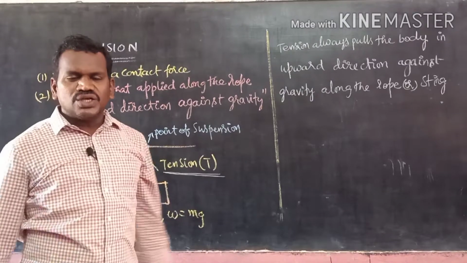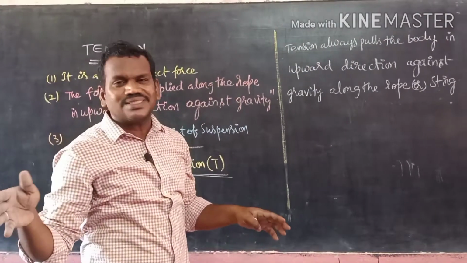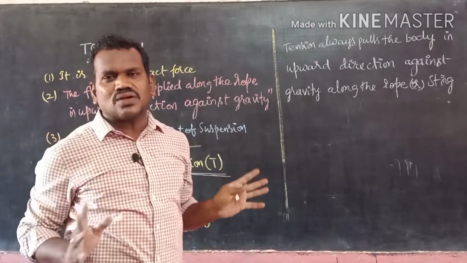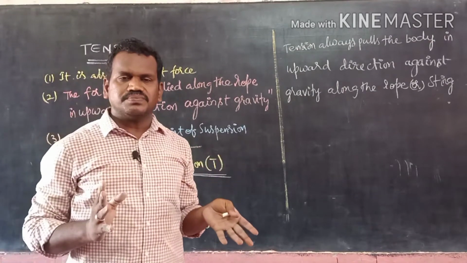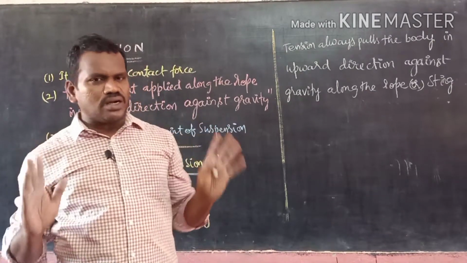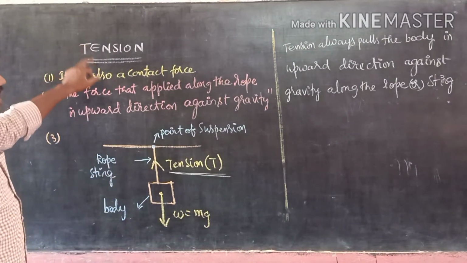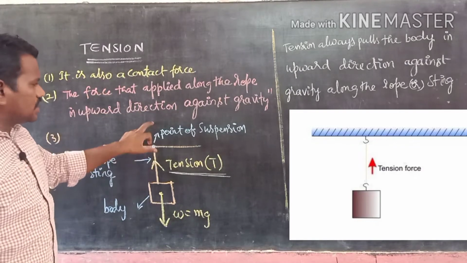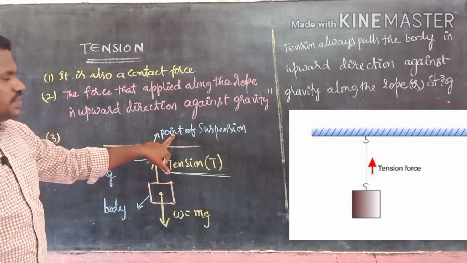For example, if you are stretching your hands to the terrace, how long will you stay? Only a few seconds or a few minutes. Later we lose the force, or tension, in our body, and then automatically you will fall down. Now see the definition of tension. This is a contact force, so there should be contact between the object and the point of suspension.